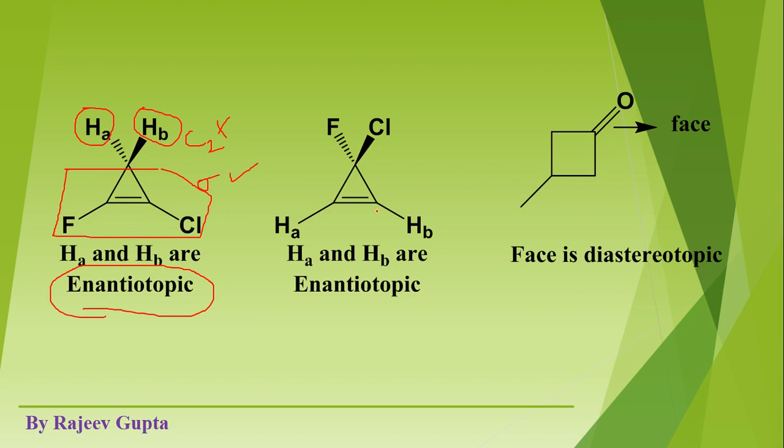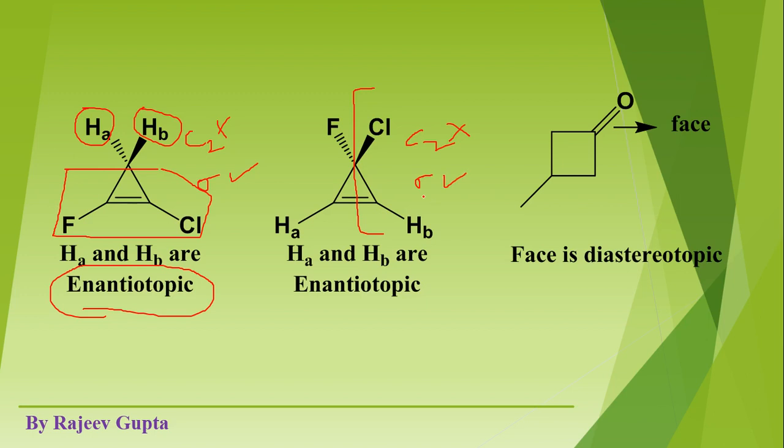Again we can check these things in this molecule. Here C2 does not exist, but a plane of symmetry exists. The plane is the plane which is perpendicular to this cyclopropene ring system. The plane of this cyclopropene ring and the plane which we applied here are perpendicular to each other.